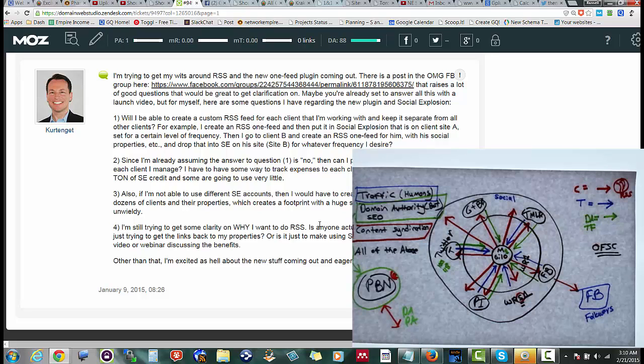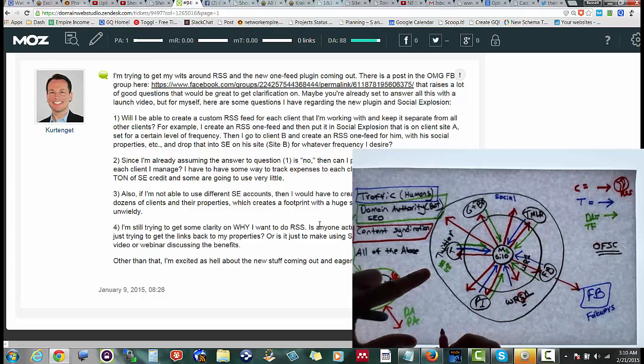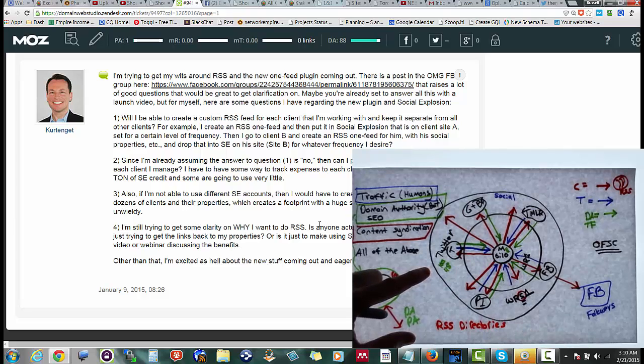So to answer Kurt's question, why do you want to do an RSS feed? Is anyone actually picking up feeds? Well, the answer is it depends. What are you doing with those feeds? What can you do with that content to get it picked up? Well, you can go to RSS directories. That would be one reason you would want to use One Feed Supercharger. RSS directories are coming and going all the time.